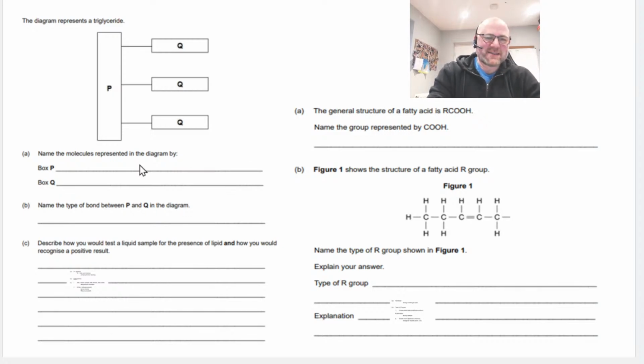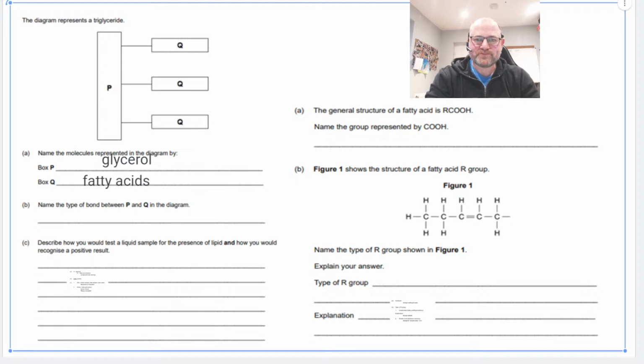Three fatty acids. Nice. But what would be the three fatty acids, P or Q? Obviously, the three fatty acids are Q and glycerol. Nice. Awesome. Perfect.